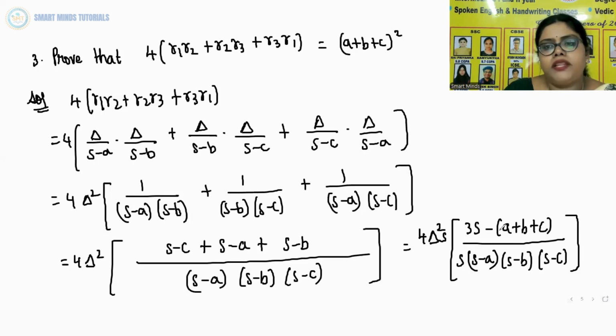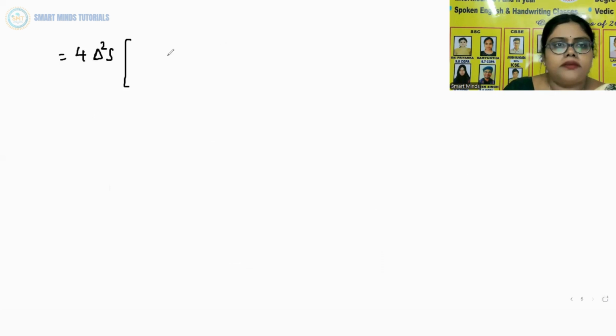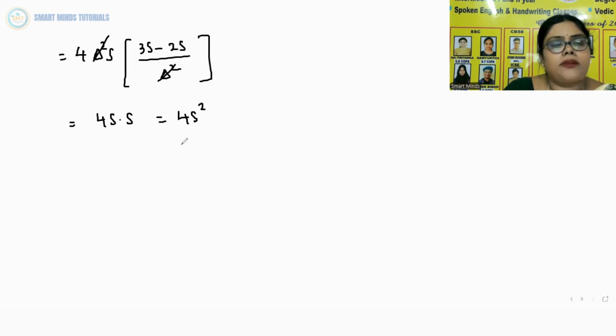So that is 4 delta square S into, now in the numerator, 3s minus (a plus b plus c) can be written as 2s, by the denominator delta square. Now delta square cancels. So that is 4s into s, so that is 4s square.